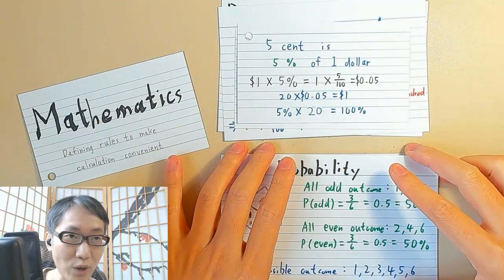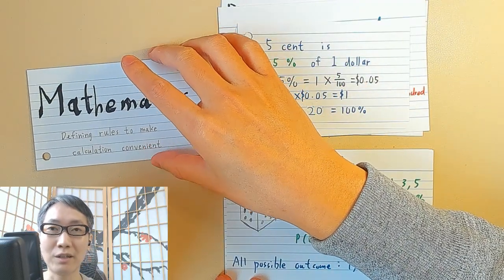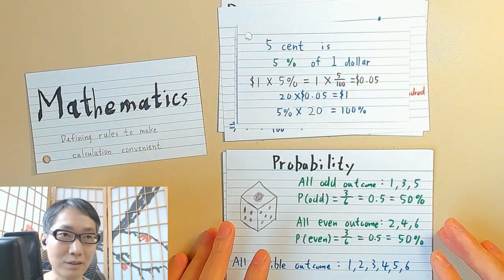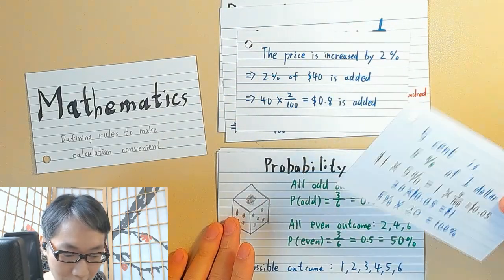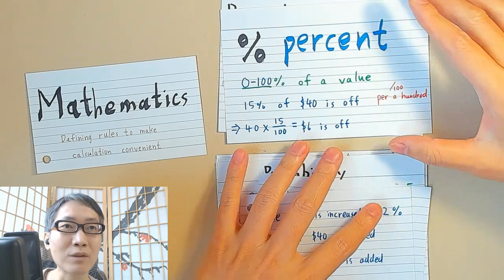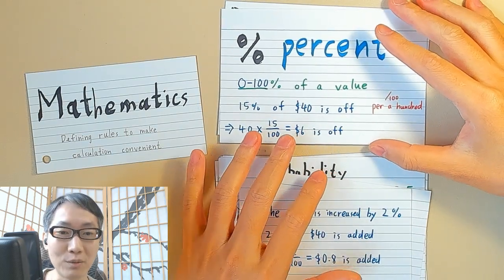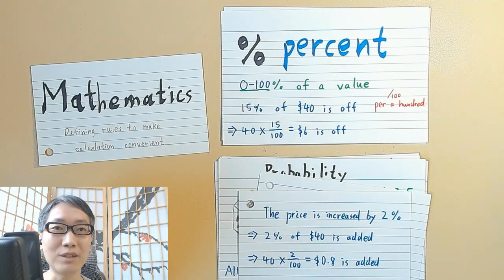It's a way to present something, and it's nothing new. It's another way to say decimal places, or you can also look at it as per 100. All of these are valid interpretations of percentage. So see you in the tutorial.